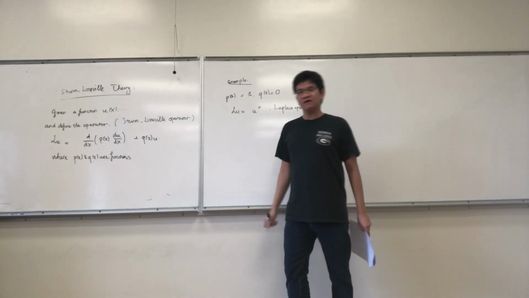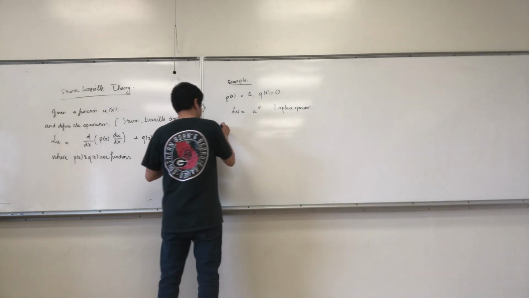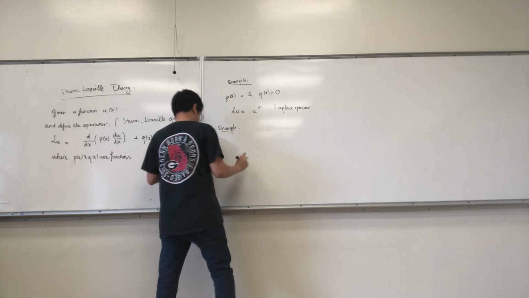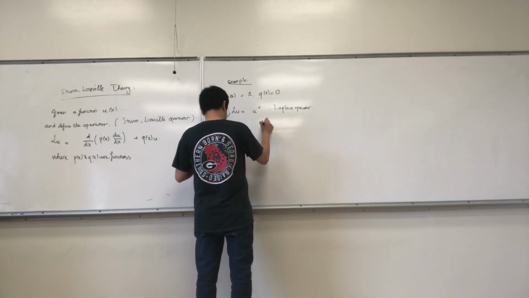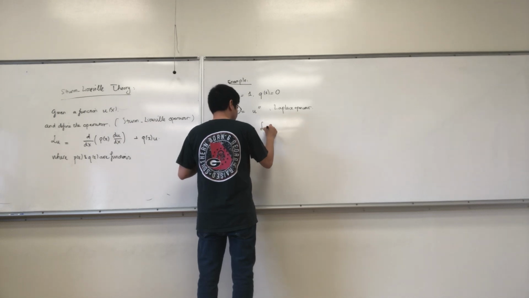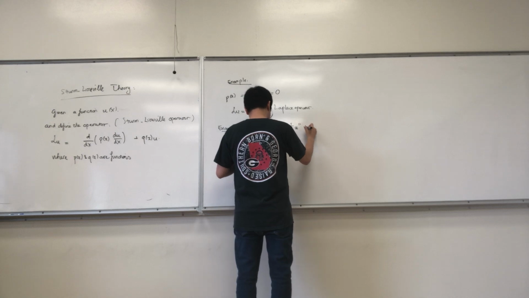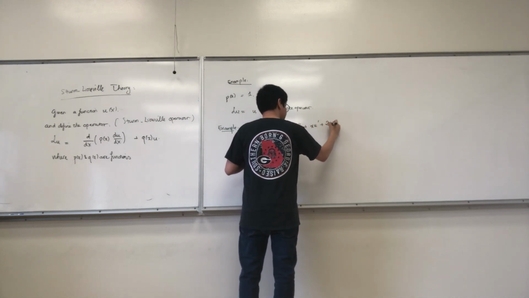So now I have another example, which is the following. I have L of u is x squared u second plus x u prime plus 2u.